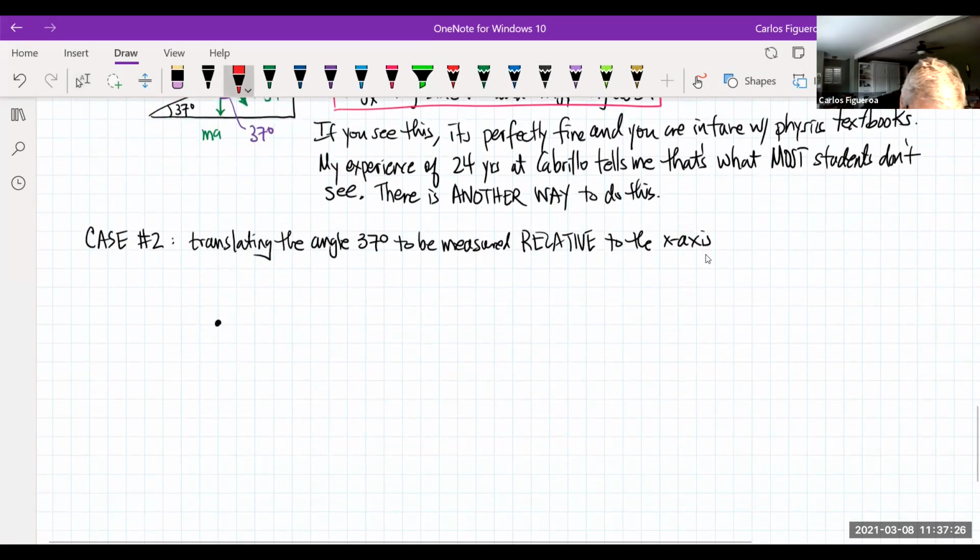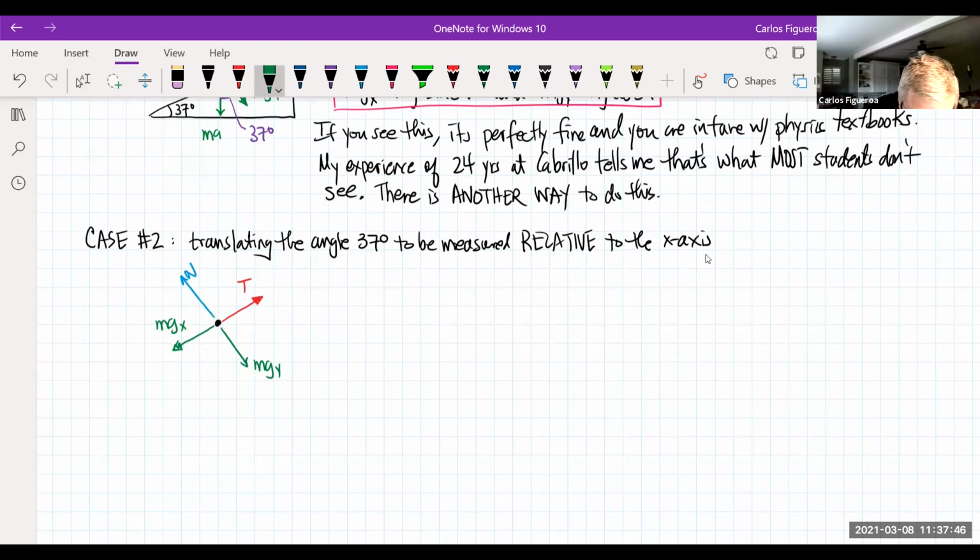Well, I see a tension along this direction. I see mgx along that direction. I see a normal like this, and then I see mg.